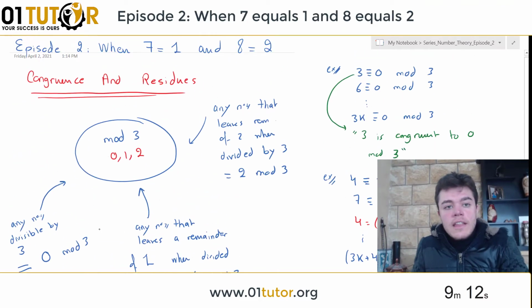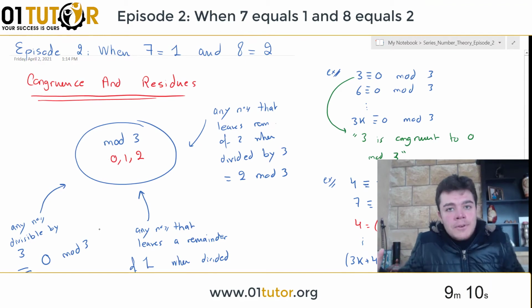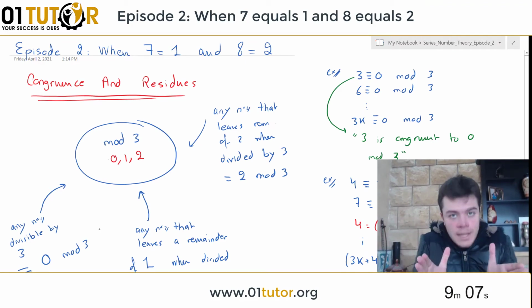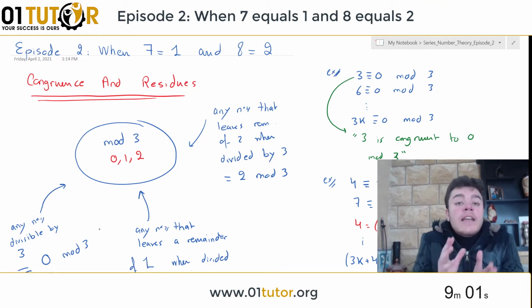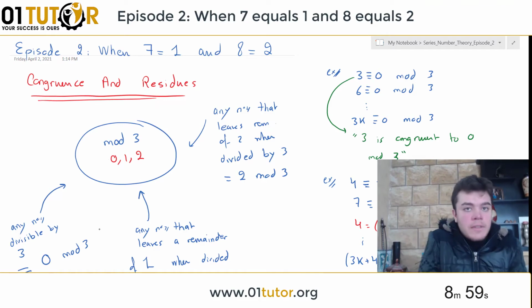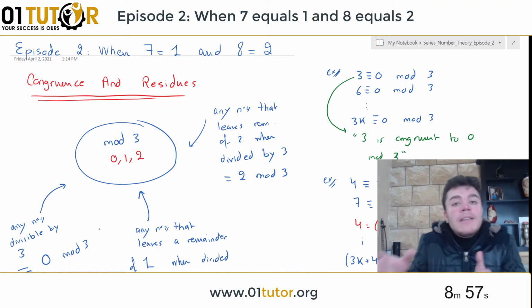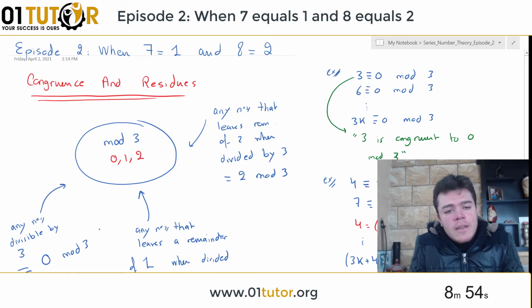Okay, so notice in here that mod 3, the only possible numbers in mod 3 that can exist are either 0, 1, or 2. Okay, because any number that you put in modulo 3 can either leave a remainder of 0 if it's divisible by 3, or a remainder of 1, or a remainder of 2. You cannot have anything with remainder 4 in modulo 3.